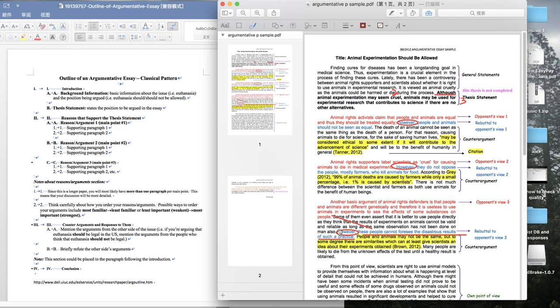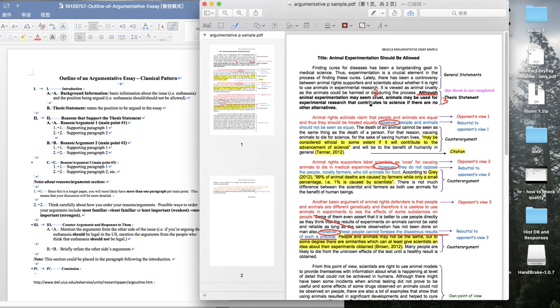It has 3 body paragraphs, but here only showed you reason 2 and reason 3, which is connected with the second body paragraph and the third body paragraph. But how about the first body paragraph? It doesn't have any reason for the first body paragraph.